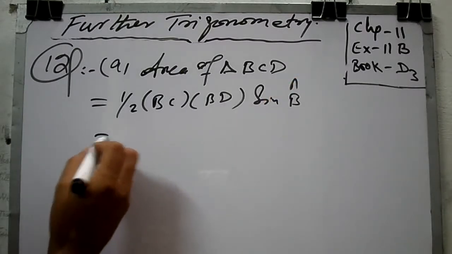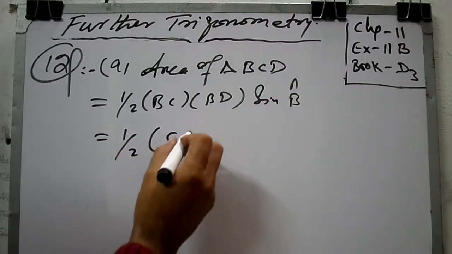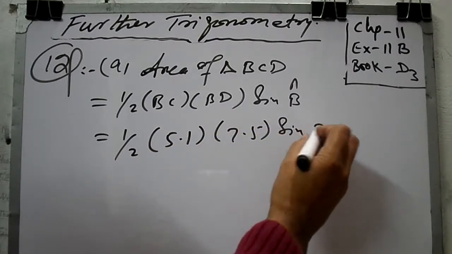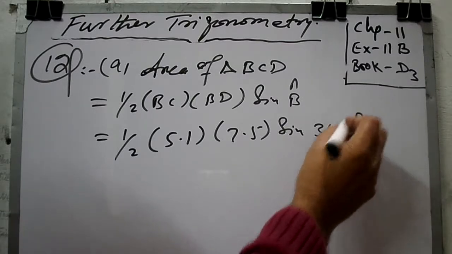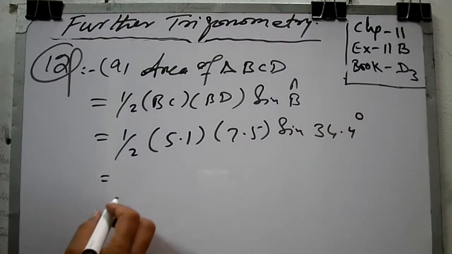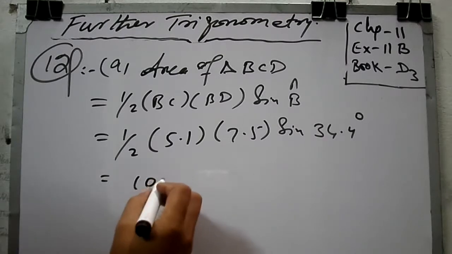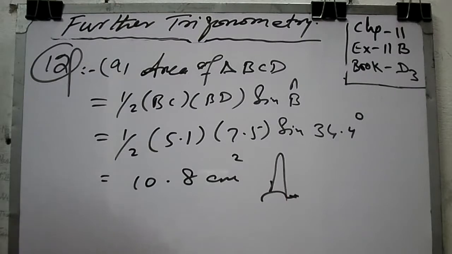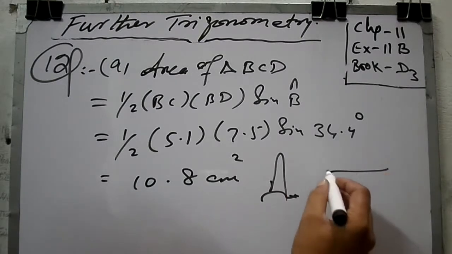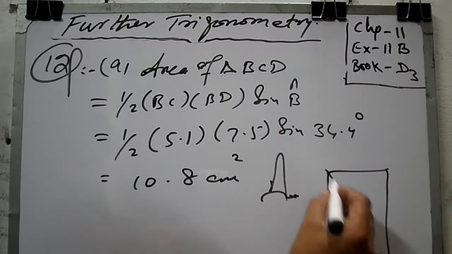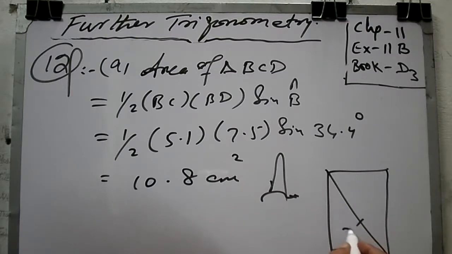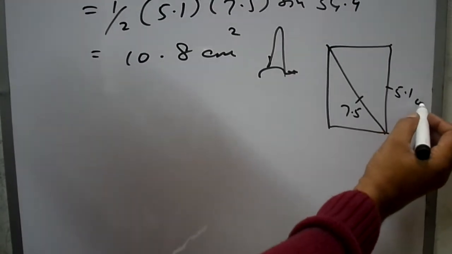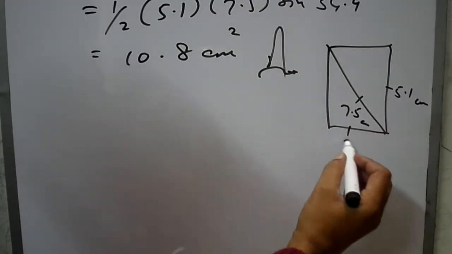So putting the values, we have all these values. In exact calculations, you will get 10.8 centimeters square. Here is your result. Because if we see the configuration like this, that is 7.5, 5.1 centimeter, 3.2.